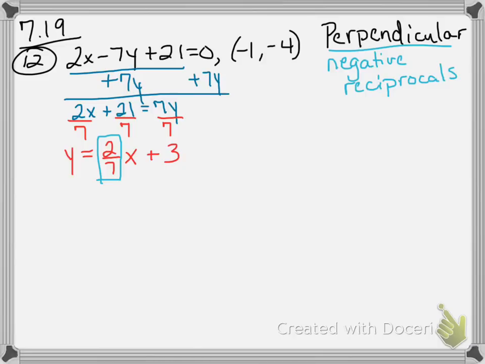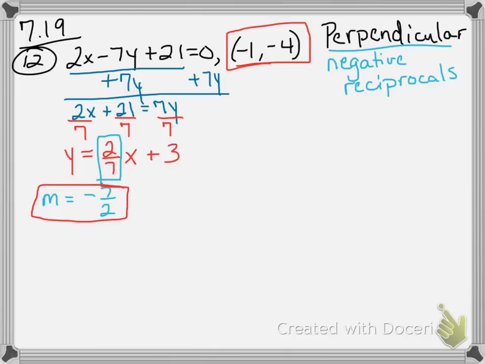So the negative reciprocal of 2/7 is going to be -7/2. So that would be the slope that I'm going to use to write the equation. Alright, so now I'm going to write the equation in point slope using this point, (-1, -4), and this slope, -7/2.